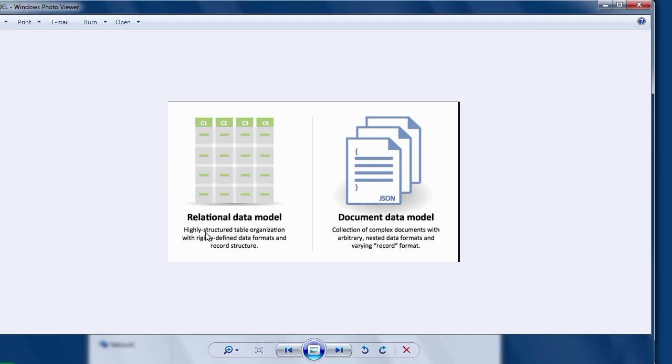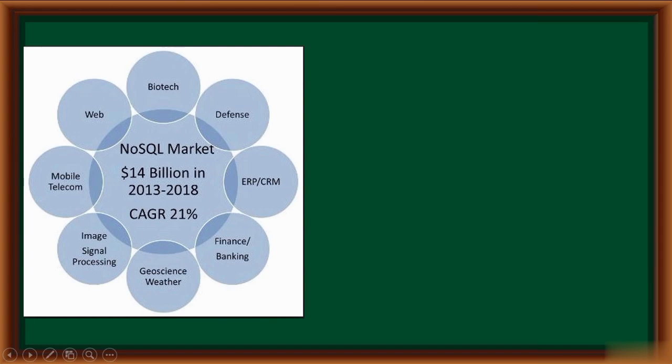You can see the data is stored in tables, while for NoSQL it is stored in JSON objects. It is also estimated that by 2018, the NoSQL market would have grown to about 14 billion.